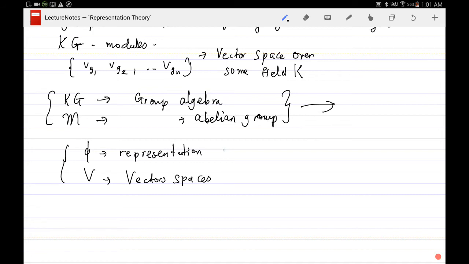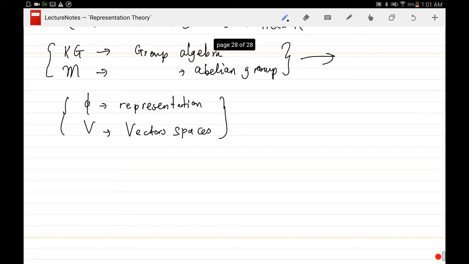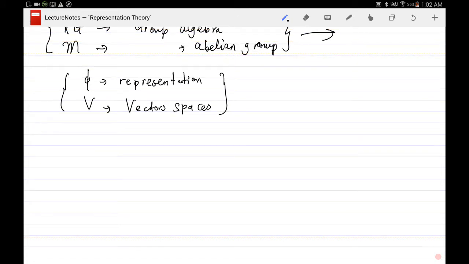So how do we make that a bit more obvious? Given one language, we should be able to produce the other language. Well, we began with representation, so let's try to reproduce the language of modules.